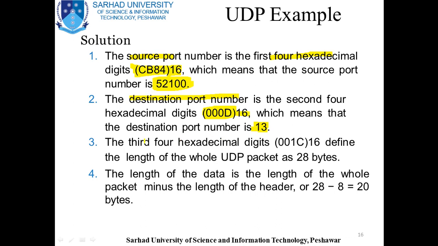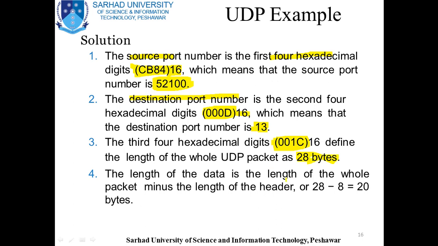Similarly, the third four hexadecimal digits define the length of the whole UDP packet. By converting those into decimal, you get 28. So it means the length of the whole UDP packet is 28 bytes.